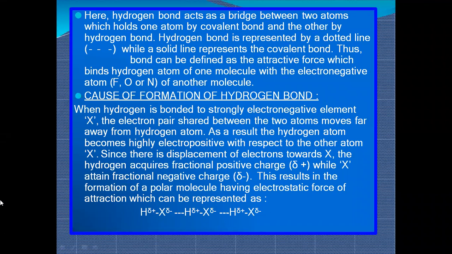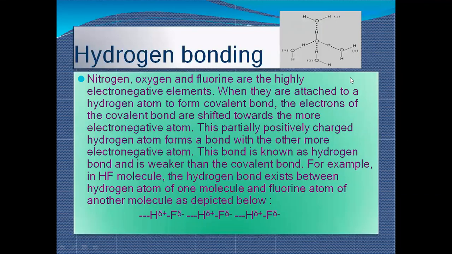As you can see in the diagram also, all the bold lines show the solid bond. Solid bond means one in which the complete transfer of electrons takes place. That shows a solid bond which holds the electronegative and the positive elements together. But the dotted lines show the hydrogen bonding.